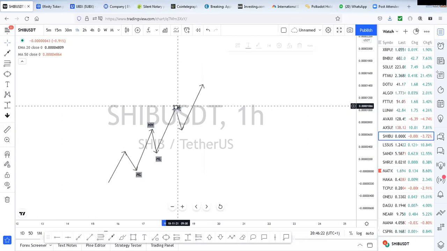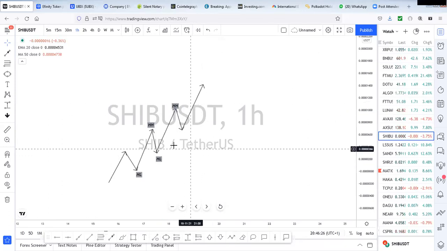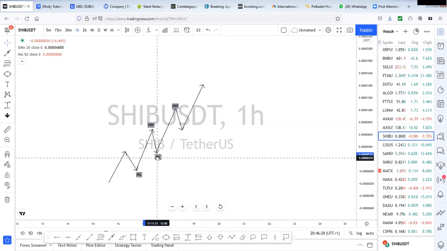You understand? So here you can see clearly that the market is making a repetition of patterns, higher highs and higher lows.